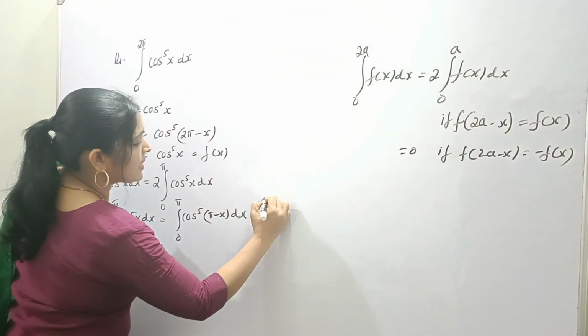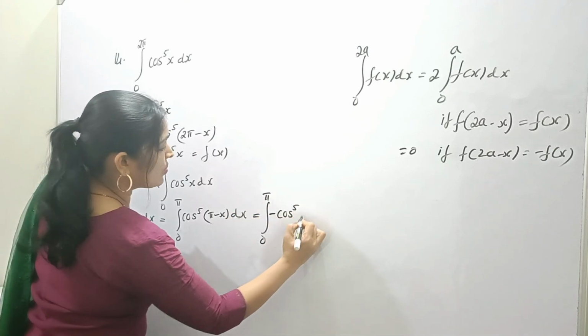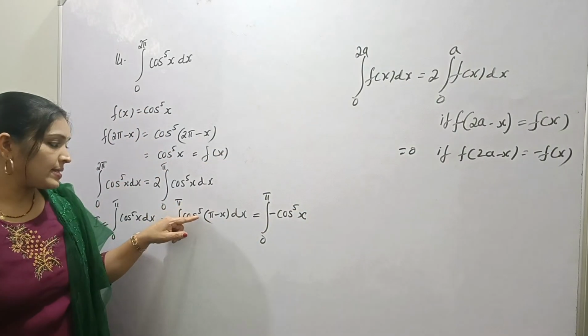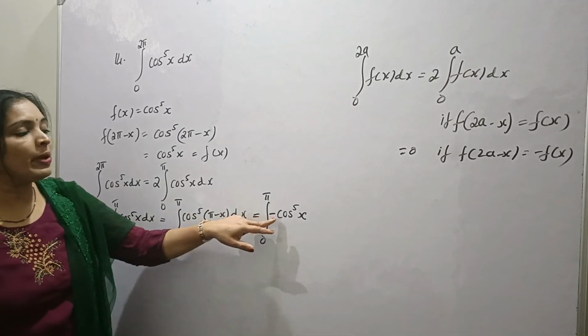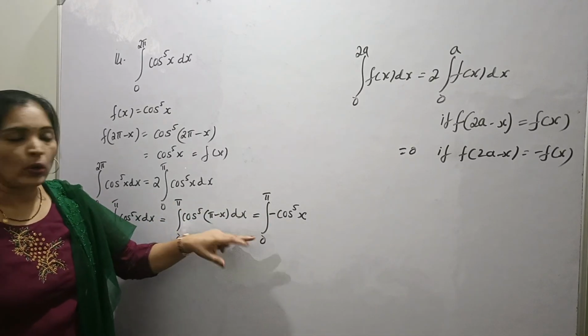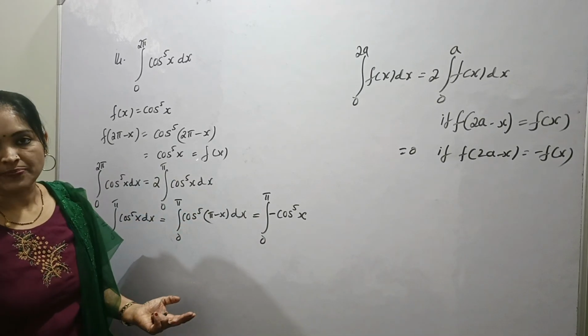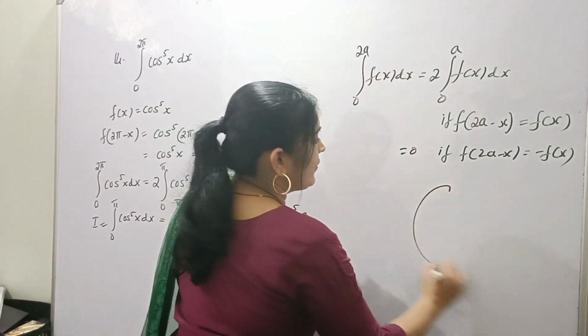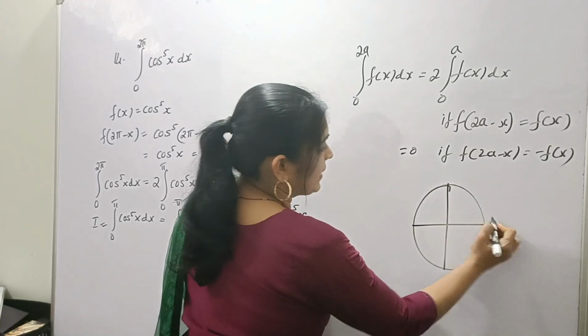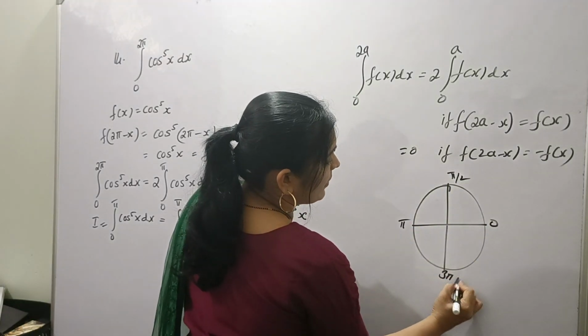Therefore, this integral is integral 0 to pi minus cos raised to 5x, right? Since it is an odd number, it will be minus, okay? Otherwise, if it is an even number, then it will be plus. See, 0, pi by 2, pi, 3 pi by 2.